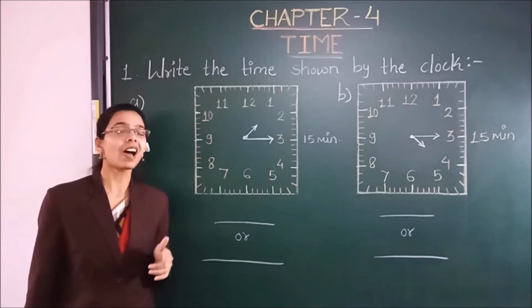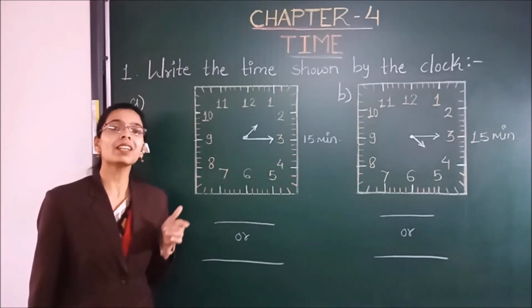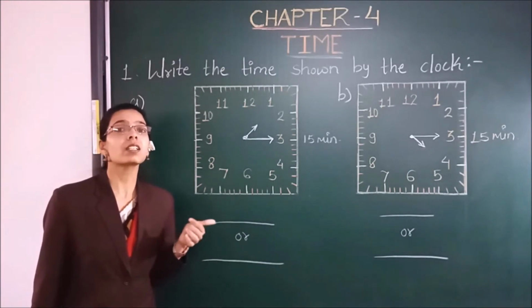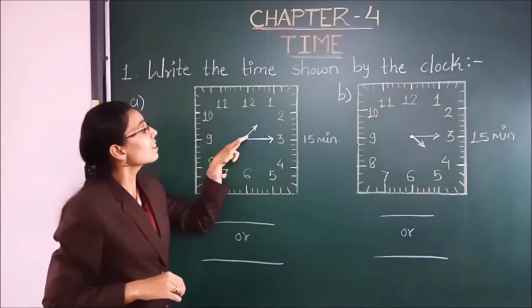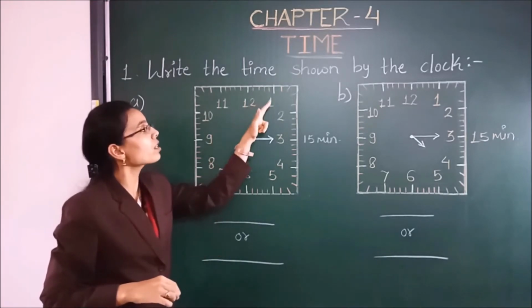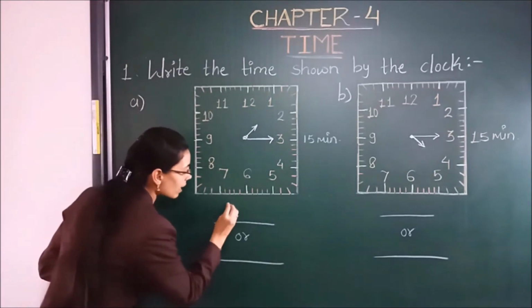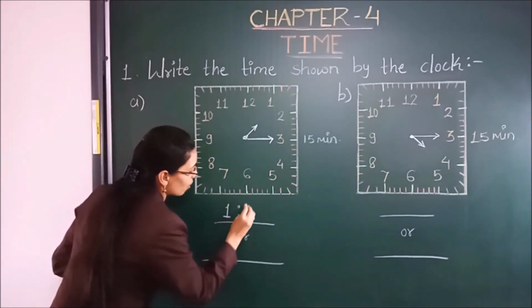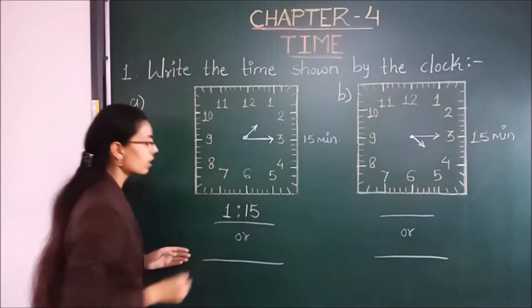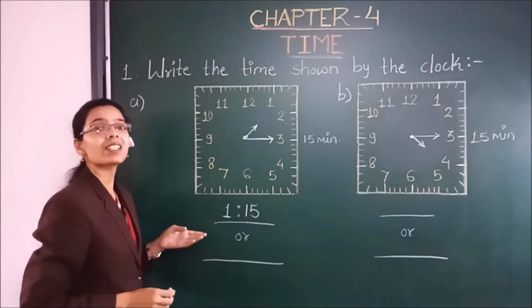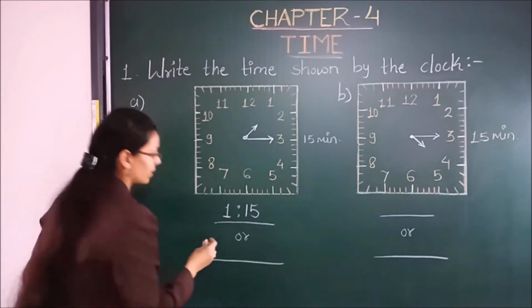If the minute hand is at 3, it means it is quarter past. And the hour hand has crossed 1. Then how will we write the time? 1:15 or quarter past 1.